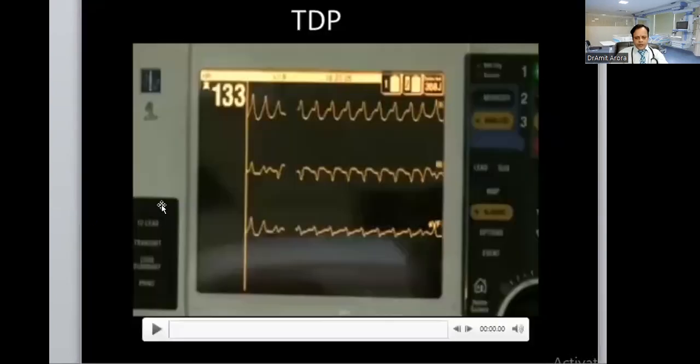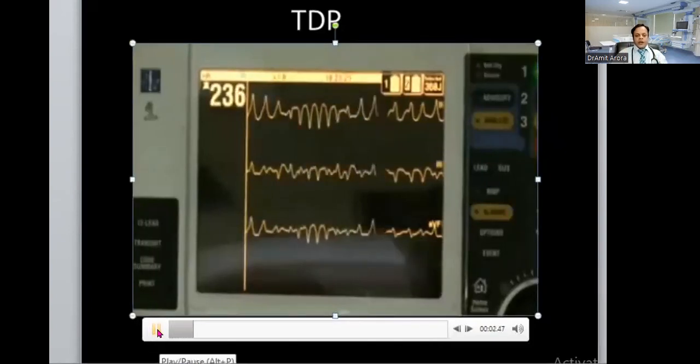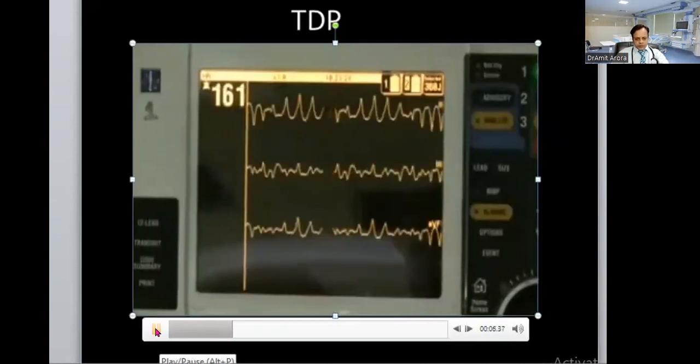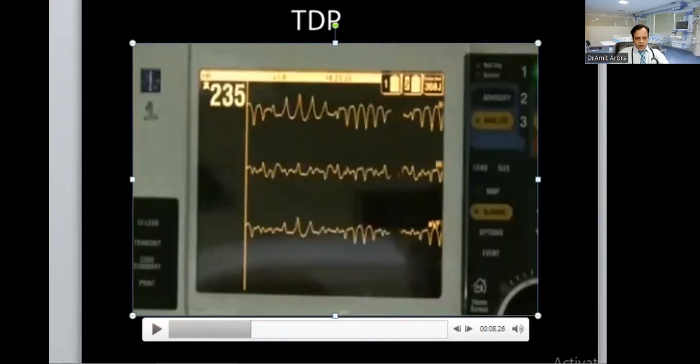These were the bookish knowledge. Now let us see how it really appears in the clinical scenario. Torsades de Pointes. Now look here carefully. Let me mark this.